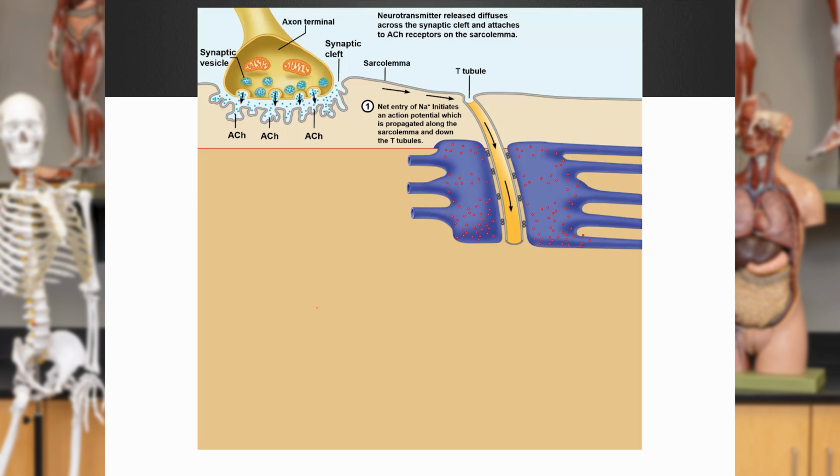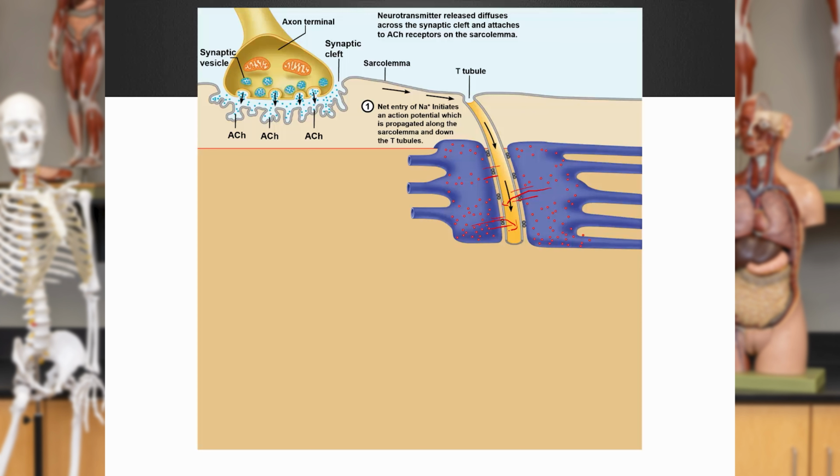We have the T-tubules. Those sodium ions, that depolarization, that action potential, is going to travel down the T-tubule. As it travels down the T-tubule, there are going to be these channels along the T-tubule. The channels are going to allow the calcium to leave.